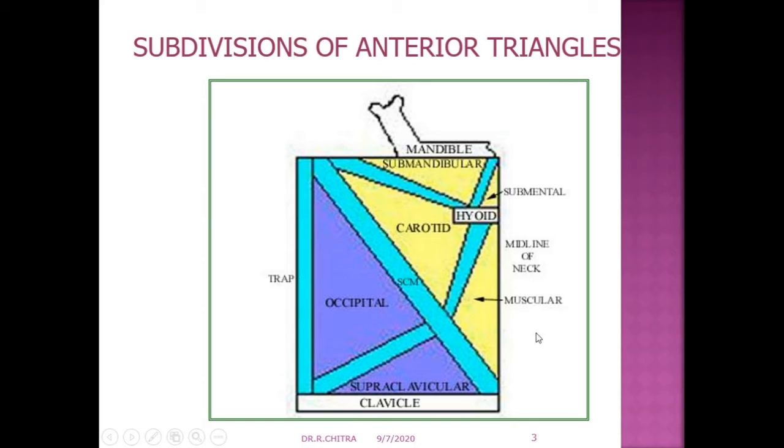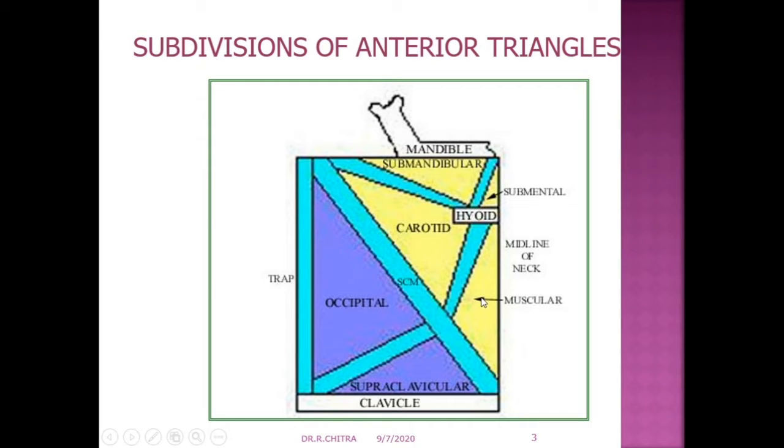So this picture is the diagrammatic representation of the side of the neck. The side of the neck is divided by the sternocleidomastoid muscle into anterior triangle in front and posterior triangle behind. Now this anterior triangle is divided into 3.5 triangles by the three muscles: anterior belly of digastric, posterior belly of digastric and superior belly of omohyoid.